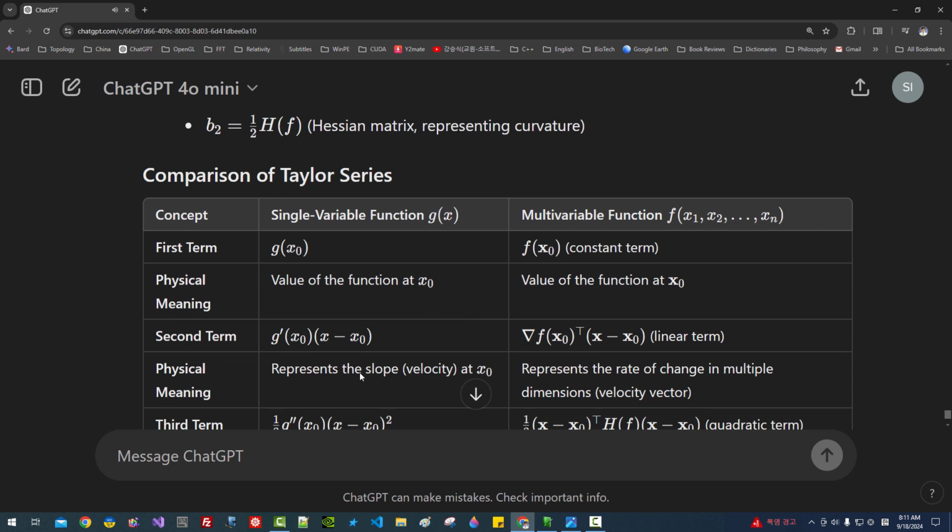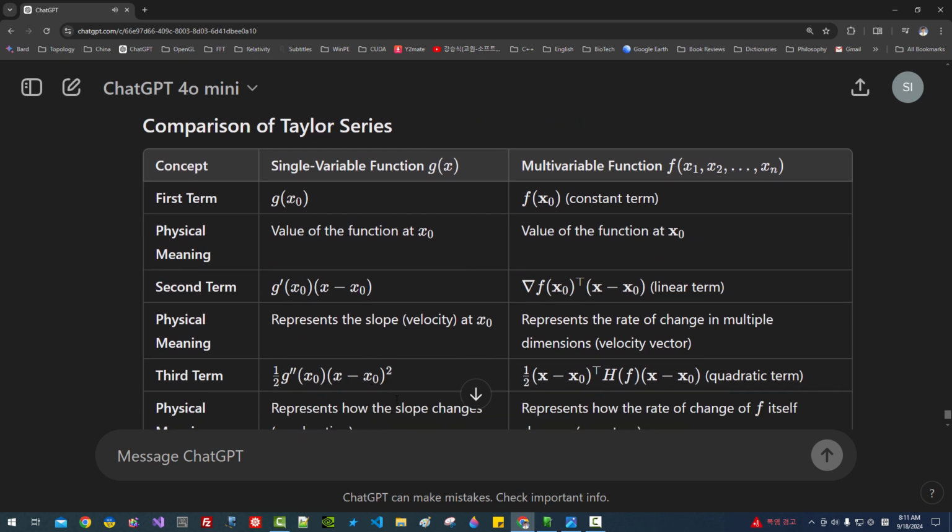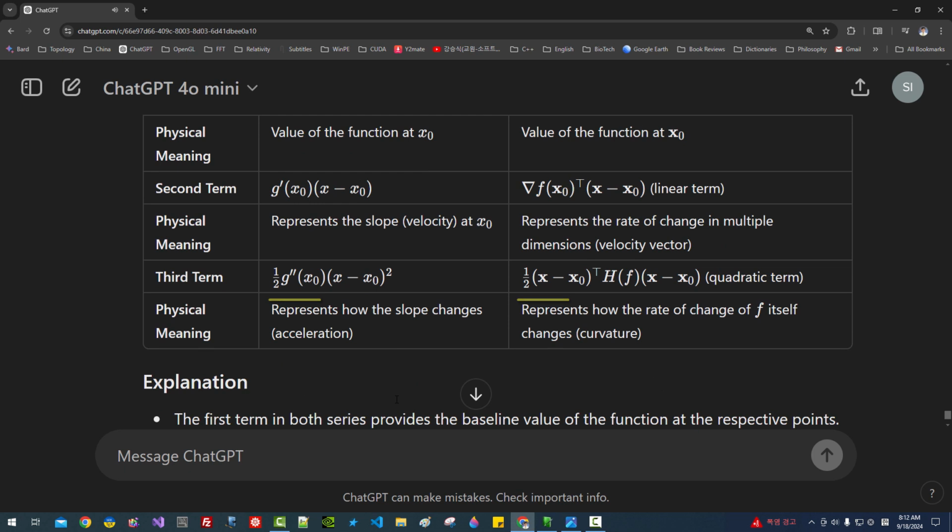Comparison of Taylor series concepts. Single variable function versus function f of x1, x2, ..., xn. First term: g at x0 versus f at x0, the constant term. Physical meaning: value of the function at x0. Second term: g'(x0)(x − x0) versus ∇f(x0)^T (x − x0), the linear term.